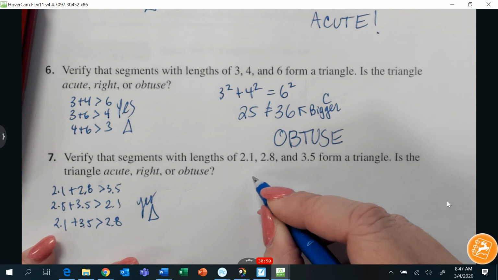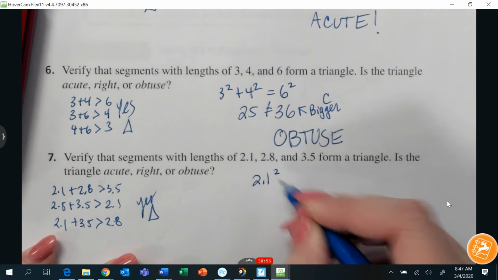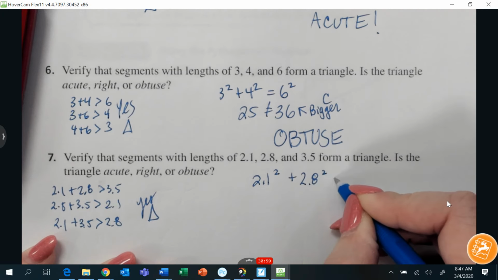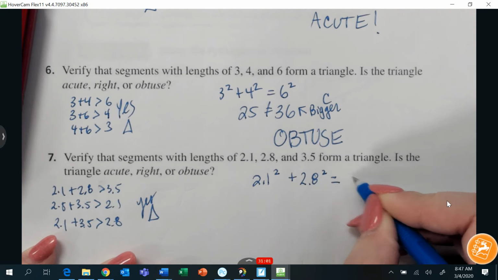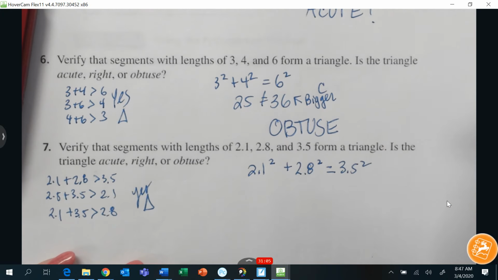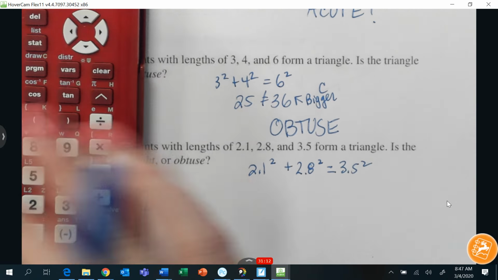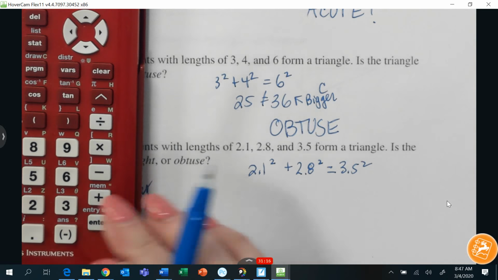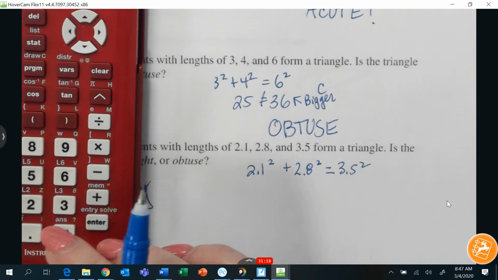You gotta be a little bit louder. 2.1 squared. You got a calculator handy? You have a computer handy? Cameron, you got a calculator handy? Is that a yes or no? Computer?